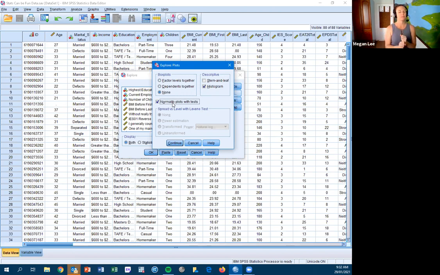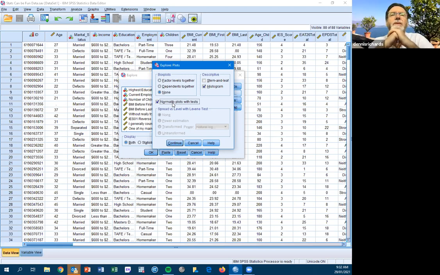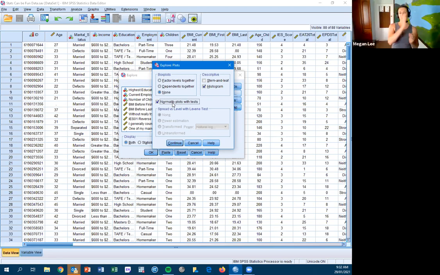However, with normality, Dennis, do you remember when way back in maybe our first session, we talked about normality and how there's two different ways to measure it? Do you remember what they were? No. Histograms, where we look at the bell curve.